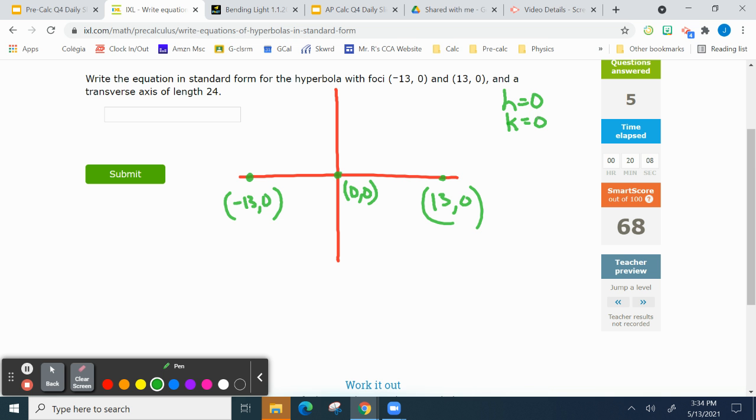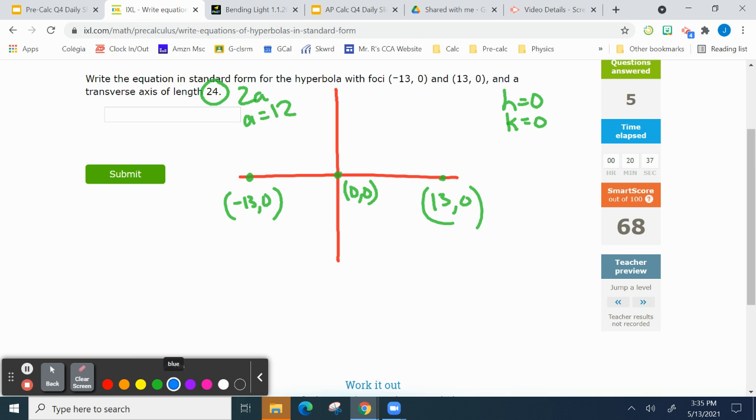The transverse axis is the distance between the two vertices, right? So that's going to be 24. And so A is half of the whole transverse axis, because you remember the transverse axis is 2A, right? So A equals 12, and A is the distance from the center to a vertex, right?